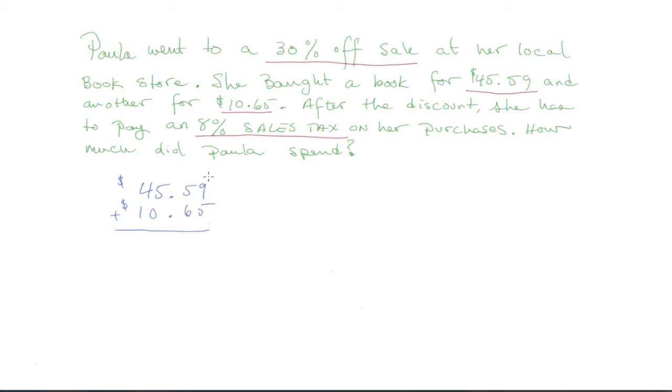And if we add those two together, what we get here is 9 and 5, 14, carry the 1, 6 and 5 is 12, carry the 1, 1, 5, 0 is 6, 4 and 1 is 5, so that's $56.24. Notice that when I add decimal numbers together, I always align the decimals. Good, so she would pay $56.24 if she didn't have a sale or a tax.